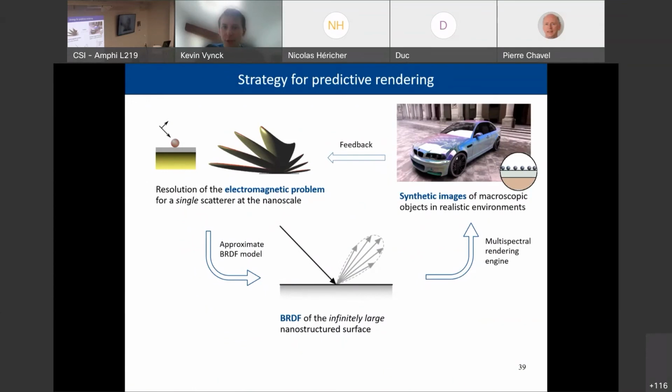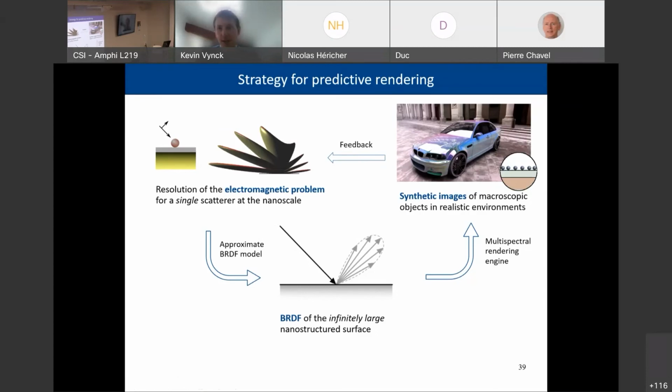Then we have our approximate BRDF model that allows us to predict how an infinitely large surface made of such nanoparticles, at a certain density with a certain correlation, will reflect light. So we have the complete BRDF at all wavelengths and all incident angles.